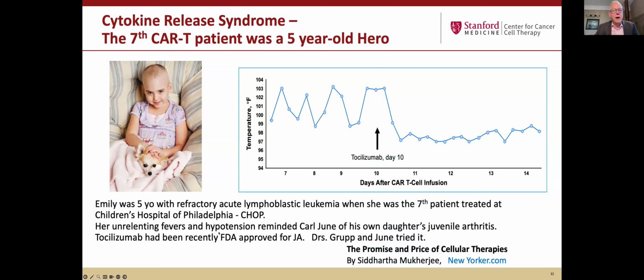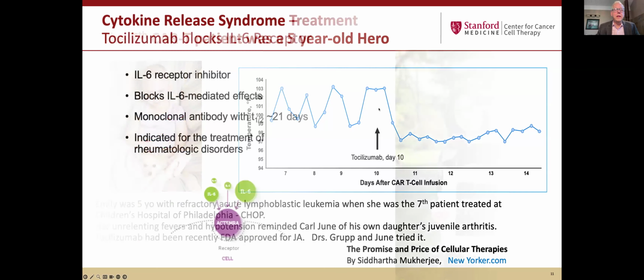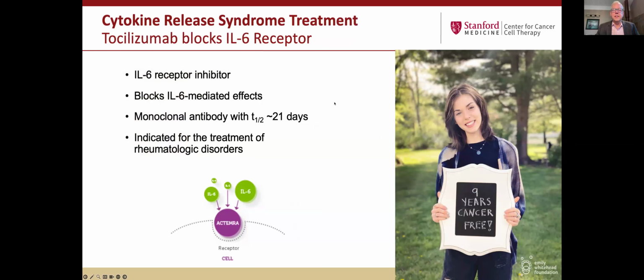Emily Whitehead was 5 years old when she was treated for acute lymphoblastic leukemia by Steve Grupp and Carl June at University of Pennsylvania. And she had this fever. This is just a fever curve. And then Carl June made the observation, being very familiar with juvenile rheumatoid arthritis, that this is likely due to IL-6. They measured the levels, they were very high, and they determined that if they gave an antibody against IL-6, they could block this.